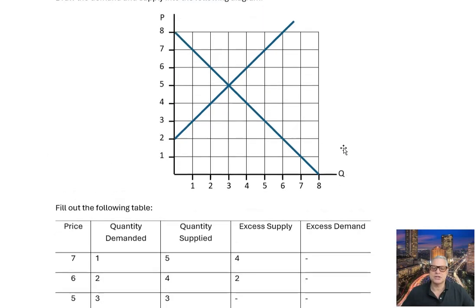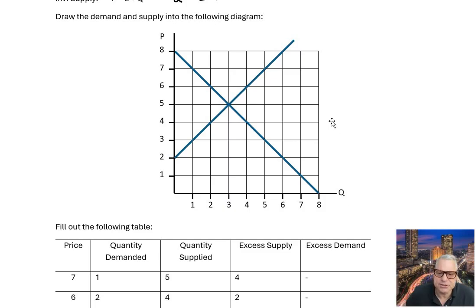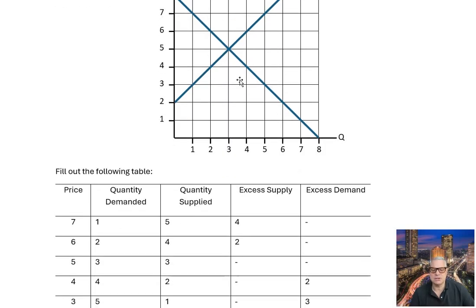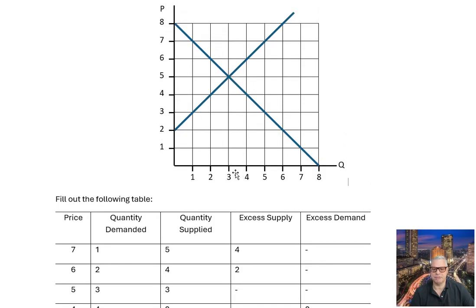And of course, in such a situation, there will always be a tendency to move towards the market equilibrium, which would be 5 and 3. So the point at the market equilibrium is that all the people whose willingness to pay is greater than anybody's willingness to sell will ultimately meet.